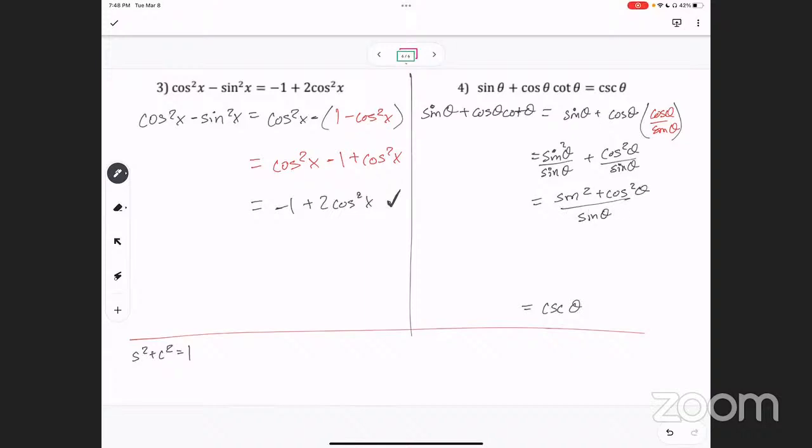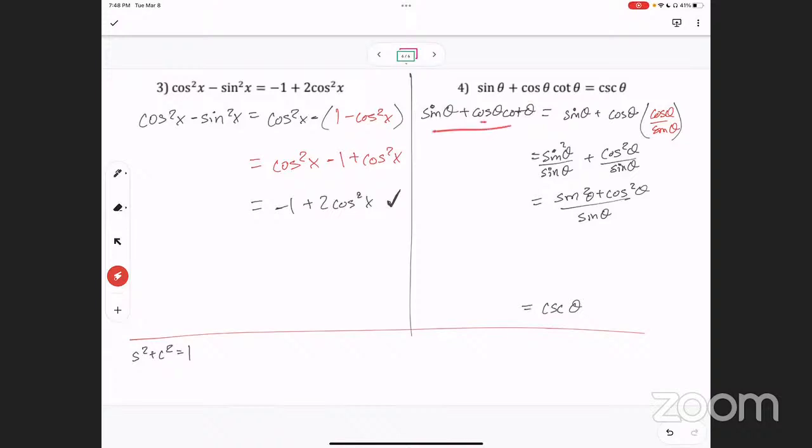I'm adding them. They have common denominators. See how, since they have common denominators, I'm allowed to add the numerators? That's all I did. I'm just making it into one. See how this is 2 terms and my answer is 1 term?